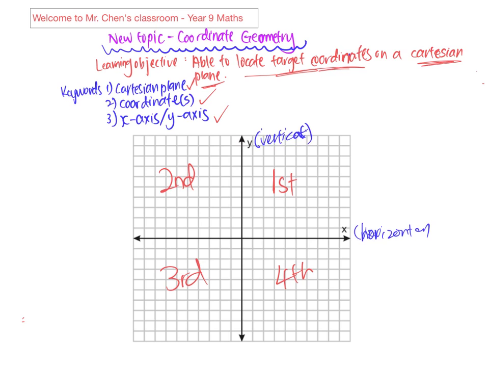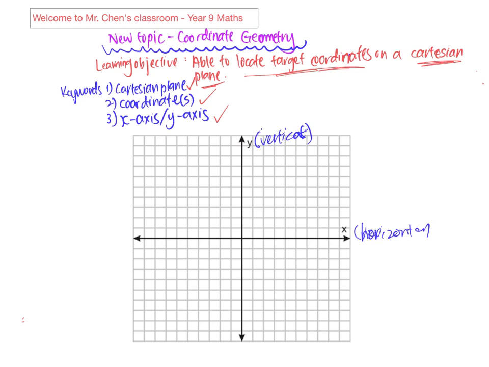They actually have a unique name. They're called quadrants. That's the first quadrant, the second quadrant, the third quadrant, and the fourth quadrant. These quadrants are important for you to locate your coordinates later down the track. I'm going to just erase that quickly.